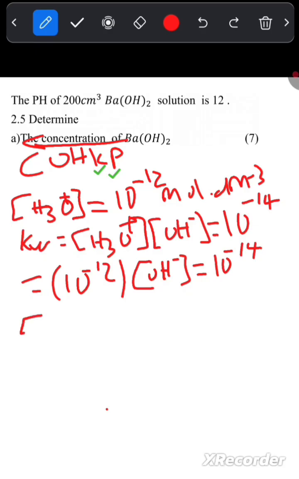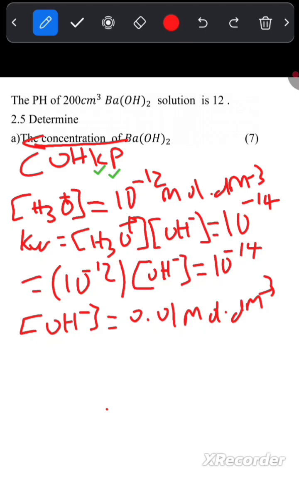That will give you the concentration of hydroxide ions as 0.01 mole per cubic decimeter.